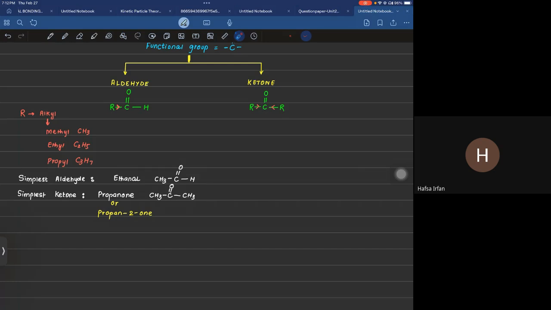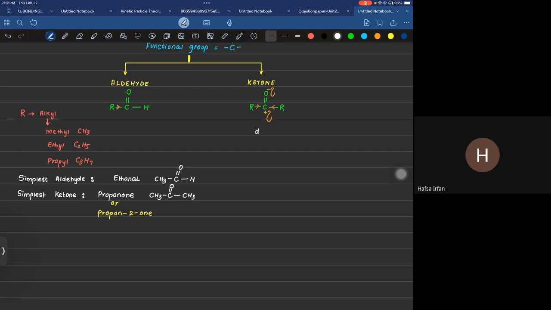It would be partial negative and the carbon would be partial positive. कार्बन पार्शियल पॉजिटिव हो जाएगा और एल्डिहाइड में जो ऑक्सीजन है it would be partial negative. So I can say कि this is partial negative and this is partial positive, which makes it polar.